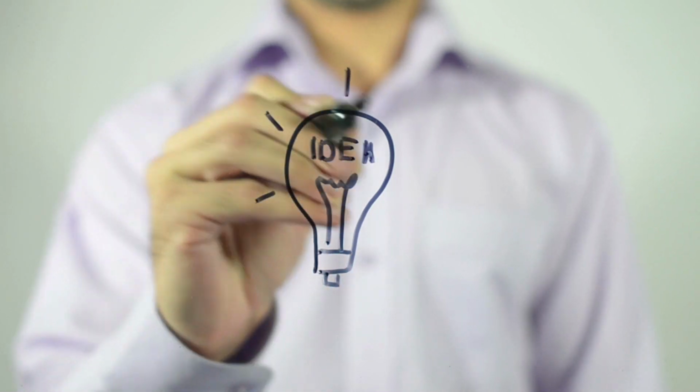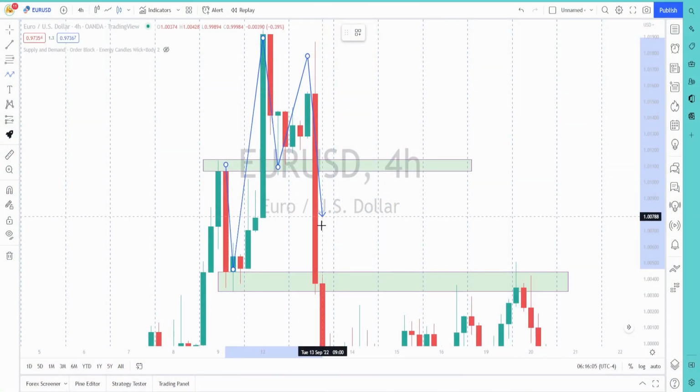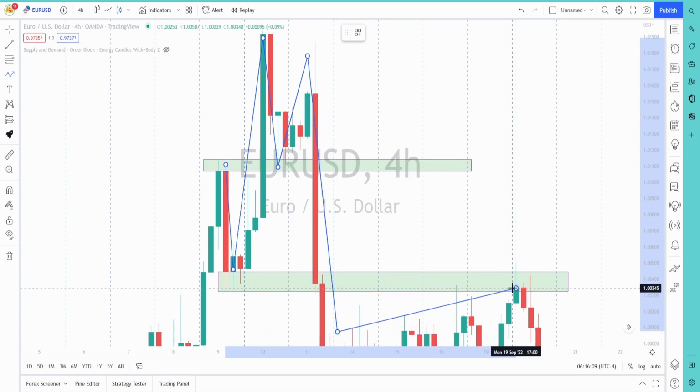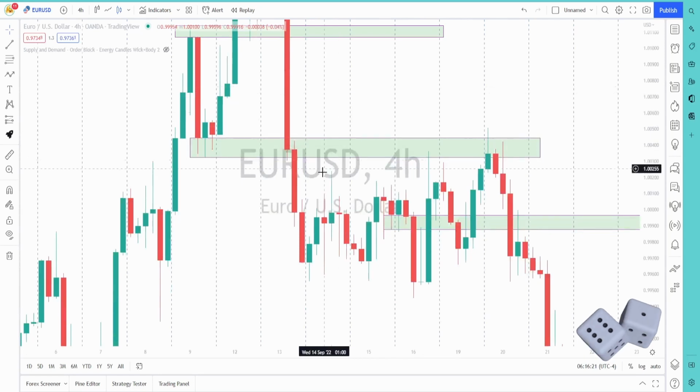Now, you can also see that price continued to go down and then eventually came back up to the area, tested it, and then went down. So when you pick specific areas, this increases your chances of succeeding.